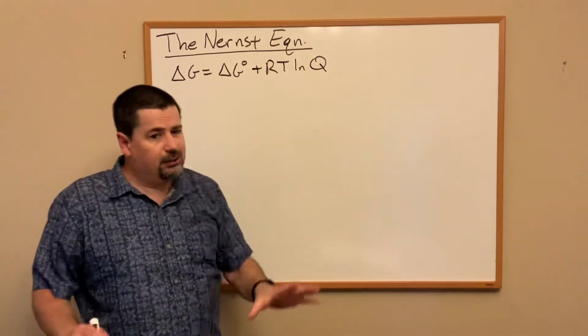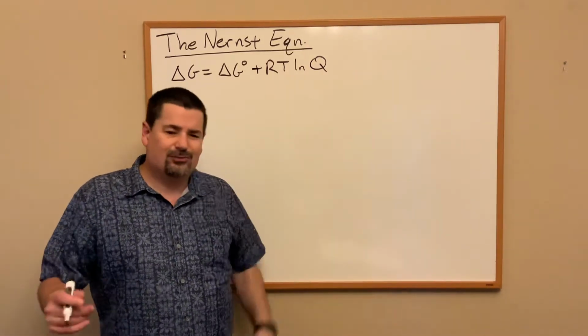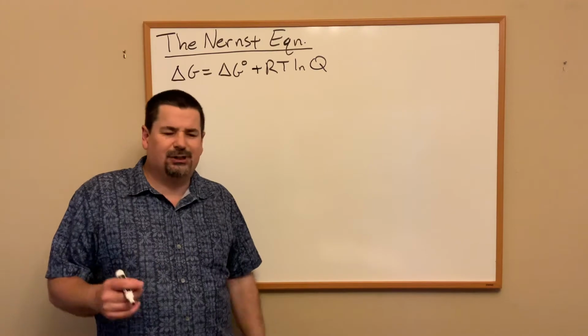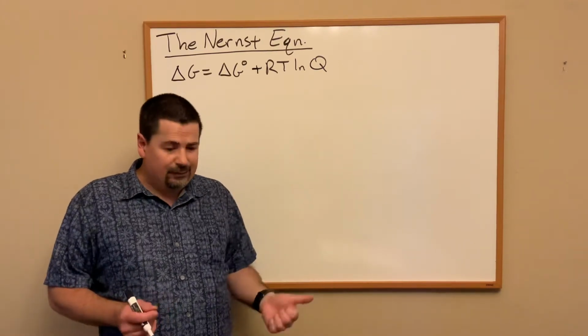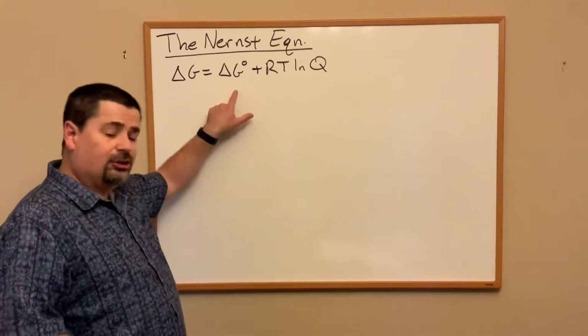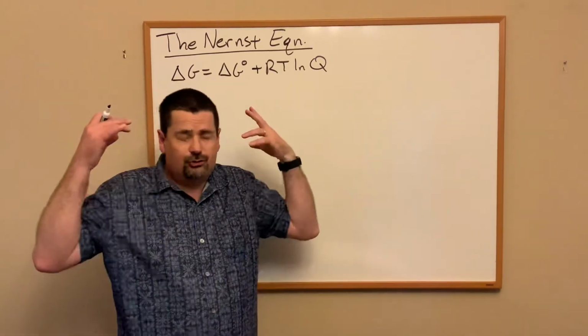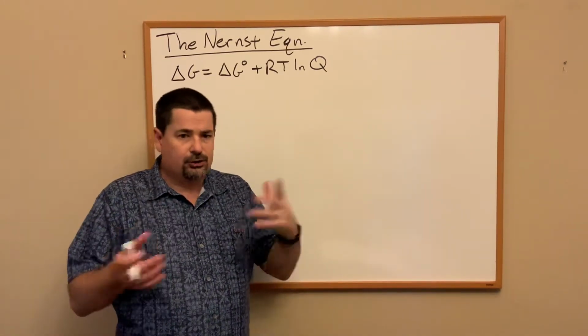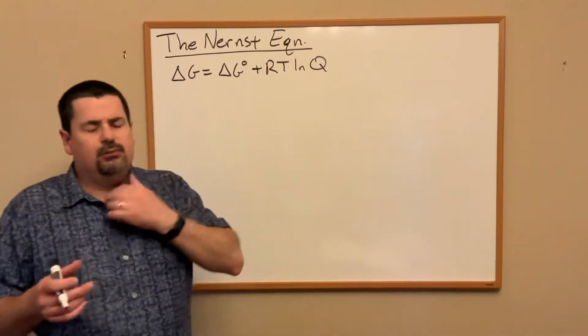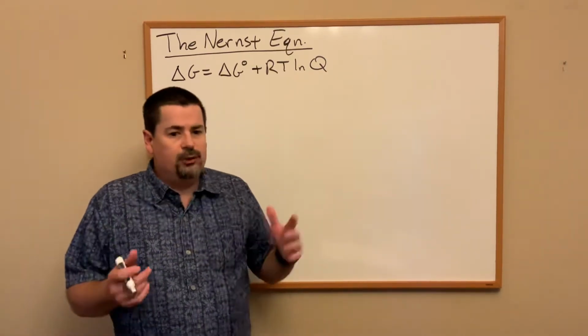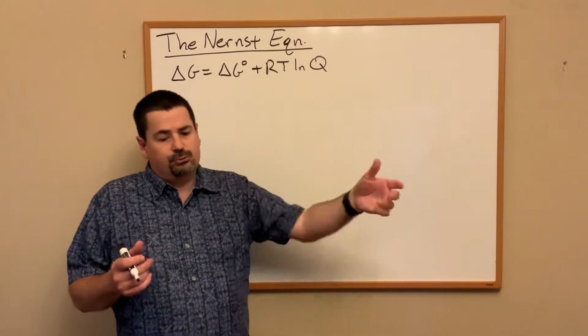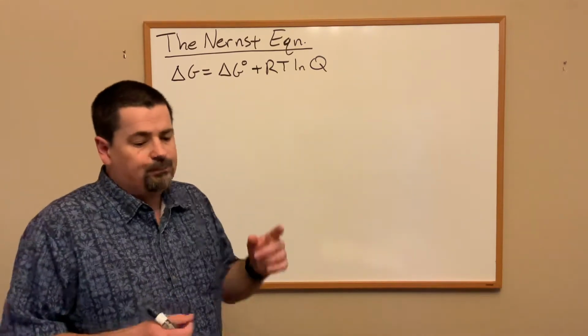Just like way back when we were first doing equilibrium, chapter 13, we had K, and K goes into delta G naught. Q is the reaction quotient, what concentrations you actually have. Remember, we used Q to figure out whether the reaction is going to go towards products or towards reactants.